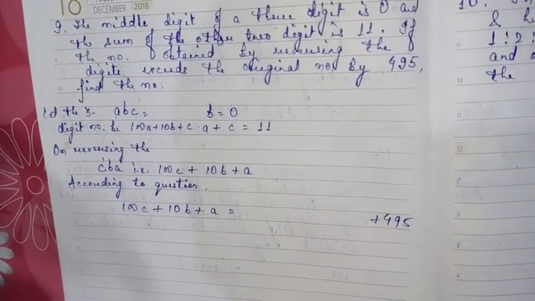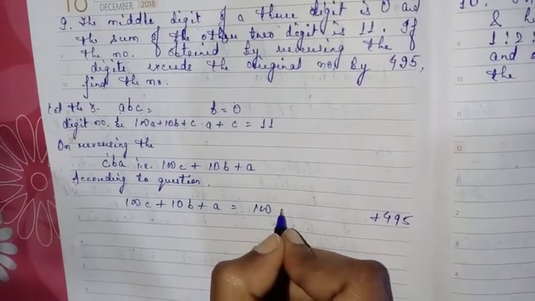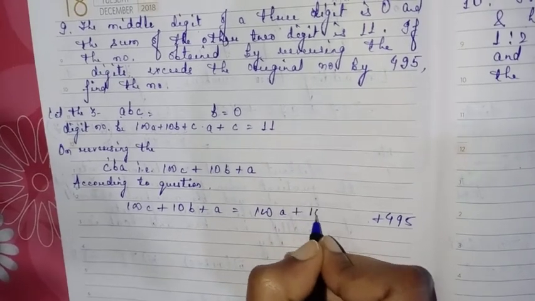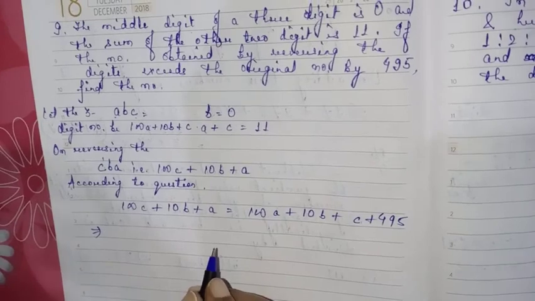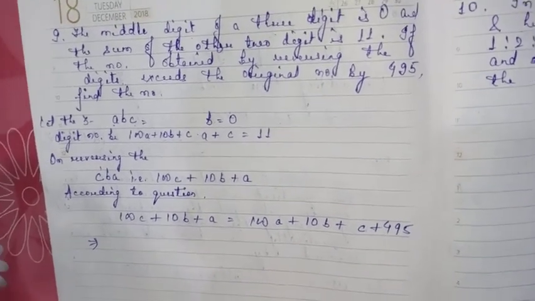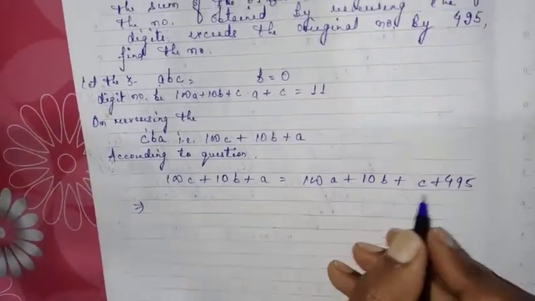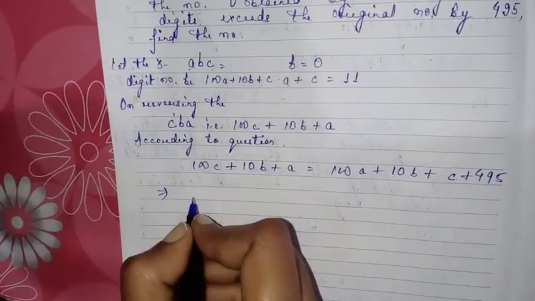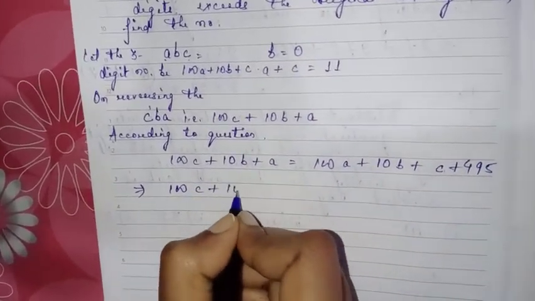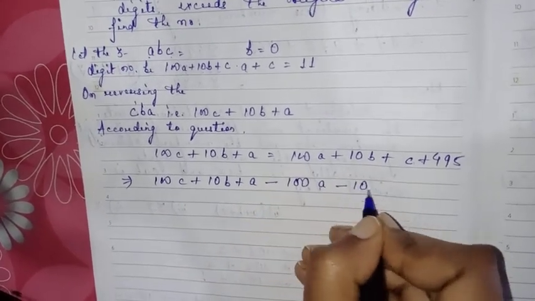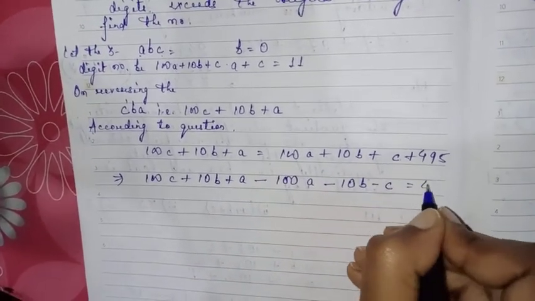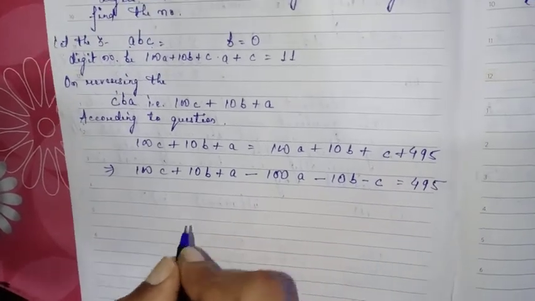Say you are exceeding the number. So 100A plus 10B plus C. Now solve this equation. You will get minus 100A minus 10B minus C is equal to 495.